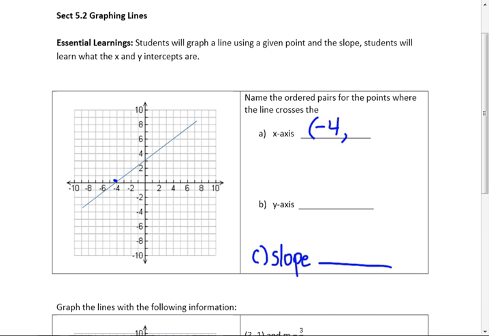What's the y coordinate there on the x-axis? What is it? What's the y coordinate? Right here. What's the y coordinate of that point? Do you know? What's this coordinate? Let's take this one. What's that point?